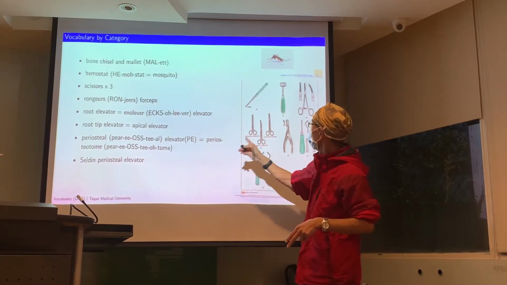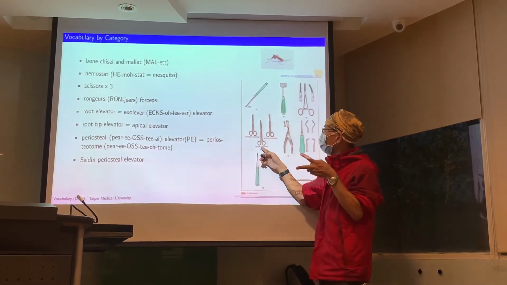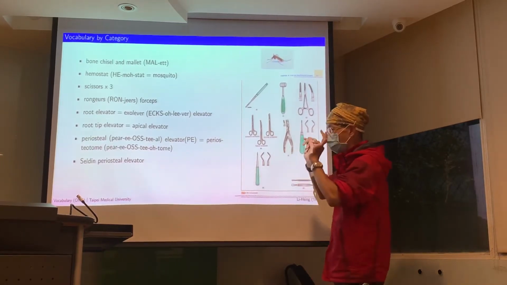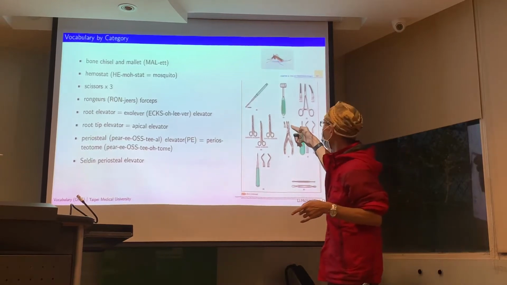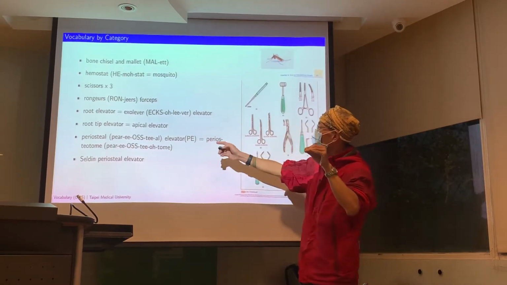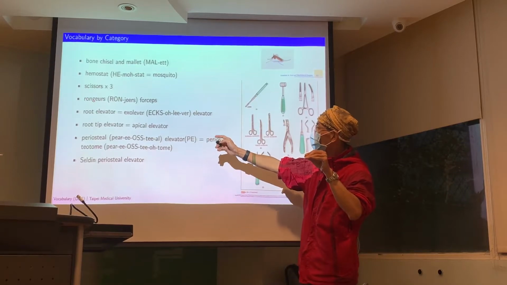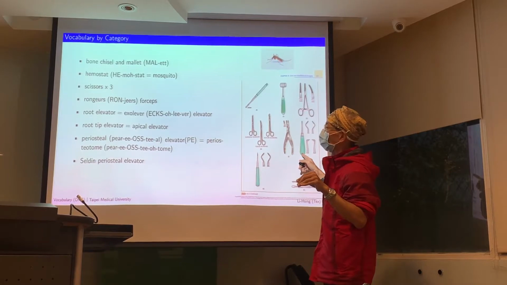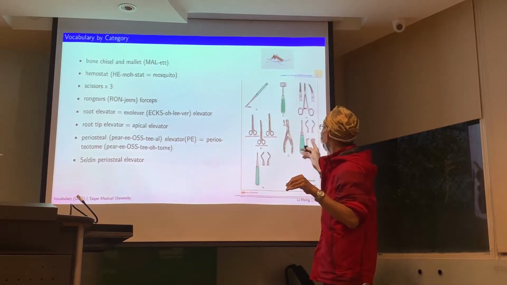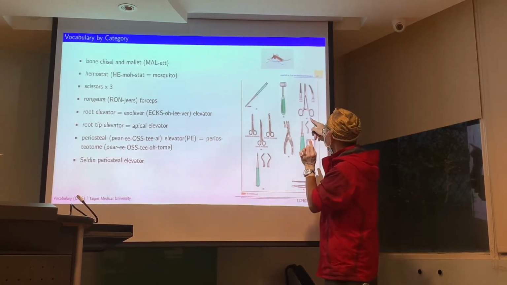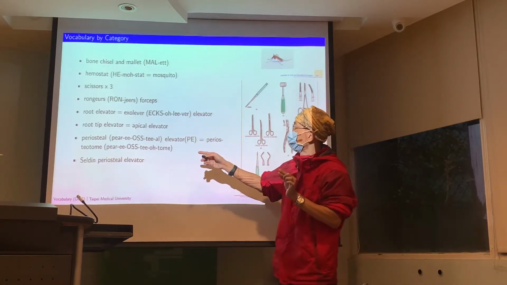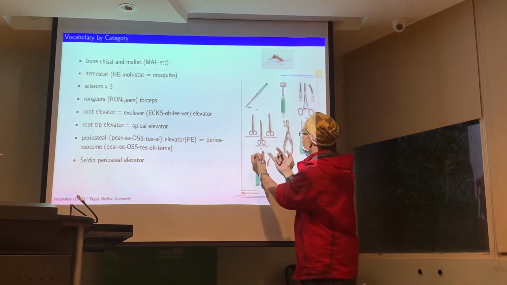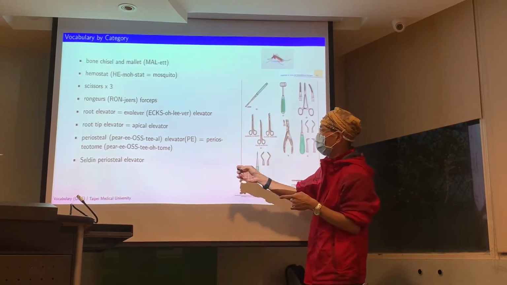We have several kinds of scissors for cutting tissue or cutting suture. The rongeur is for biting the bone. Then the elevators: the straight elevator, the curved elevator, and the smaller one, the root tip elevator.